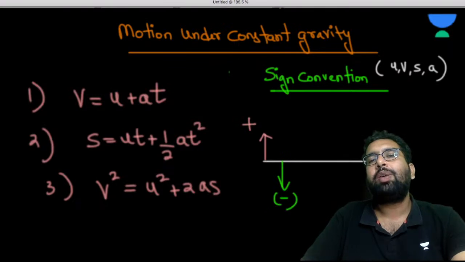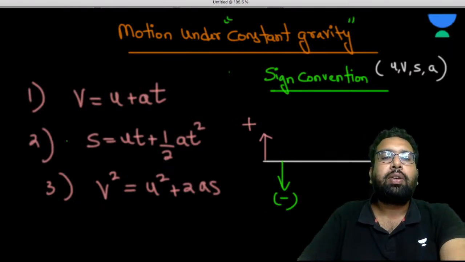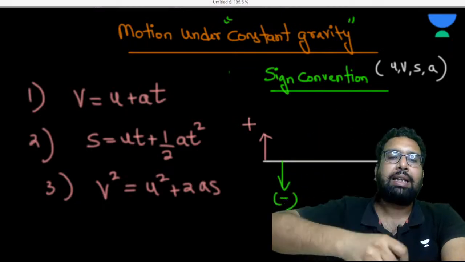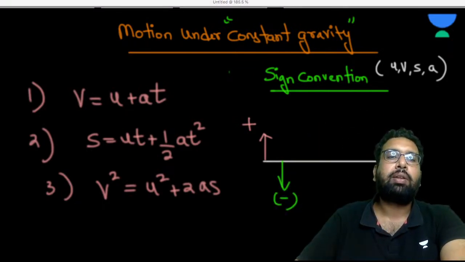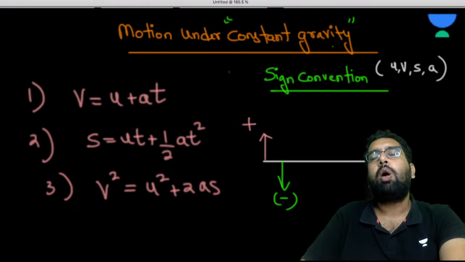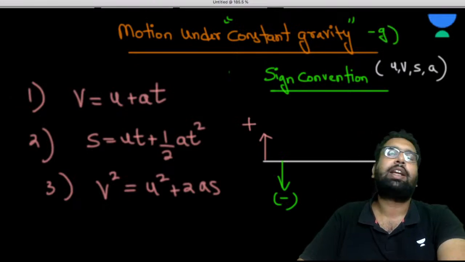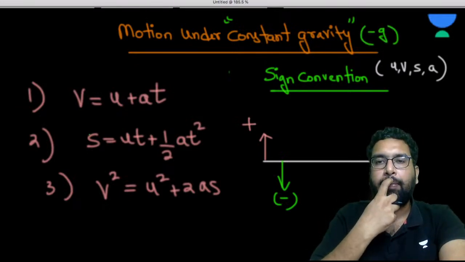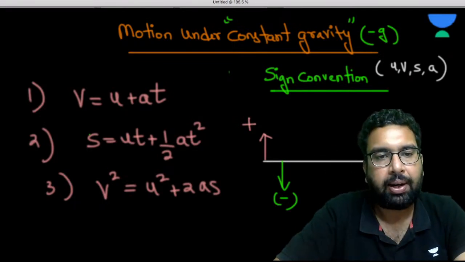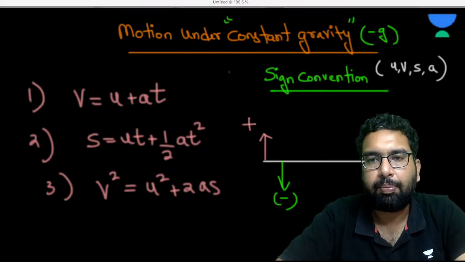Now, when we are talking about motion under constant gravity, acceleration due to gravity always acts in the downward direction. So in this particular topic, we need to take g always as negative. We always have to take minus g.